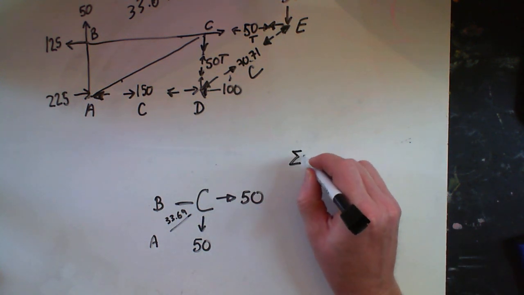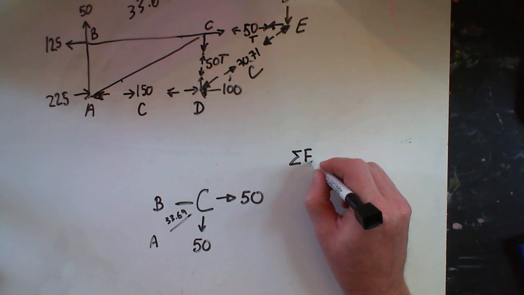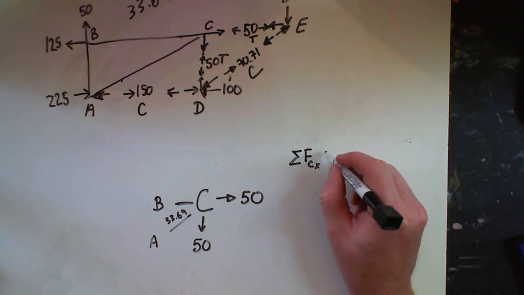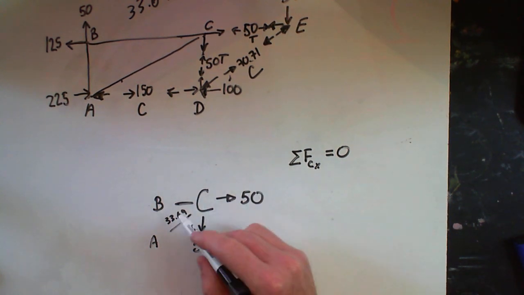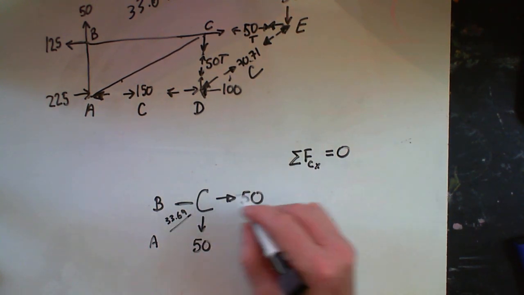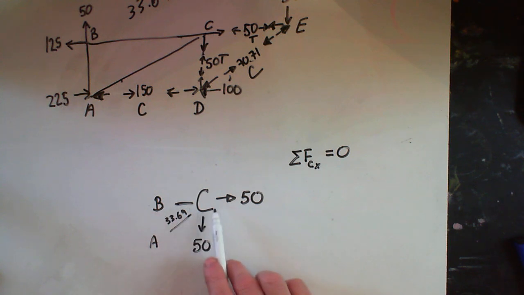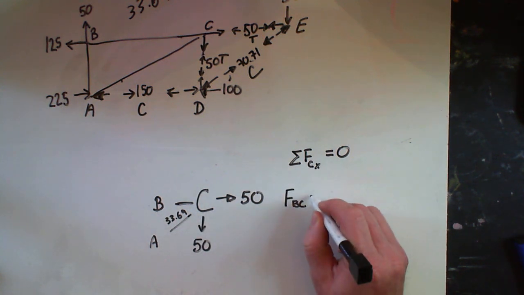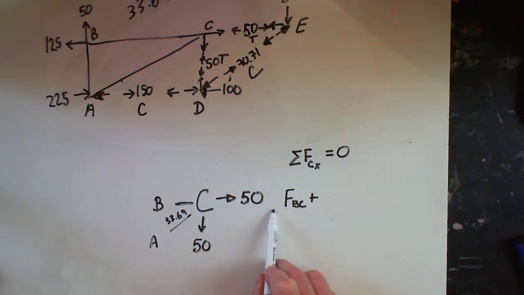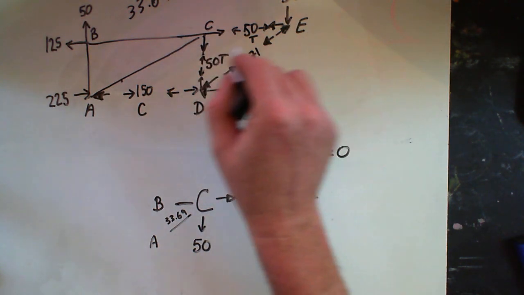So the sum of all forces at C with respect to X must equal 0. Since BC is purely horizontal, that gives us F of BC, plus CE is purely horizontal.